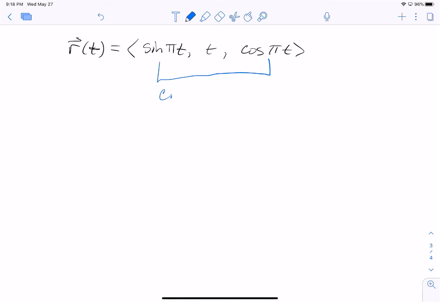So what we actually have now is a circle with a radius of 1. But this circle is in the xz plane. And rather than having a fixed coordinate for the j component, we have t. And so this circle is going to get traced out, and y is going to take on various values.